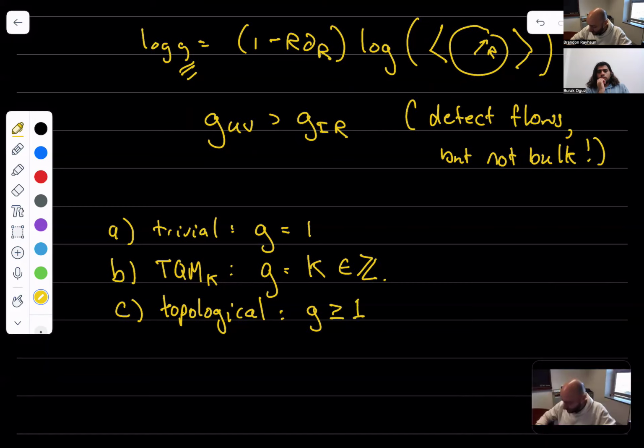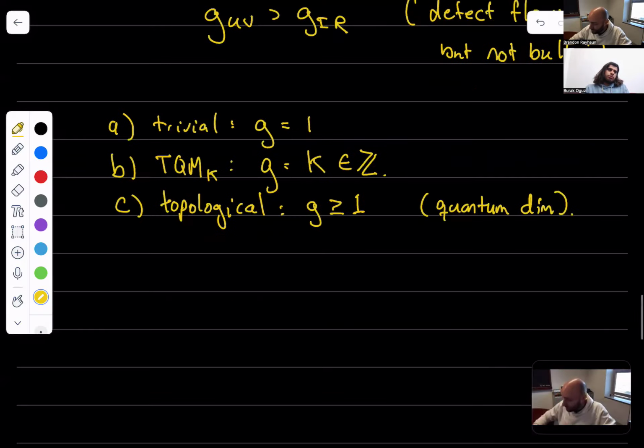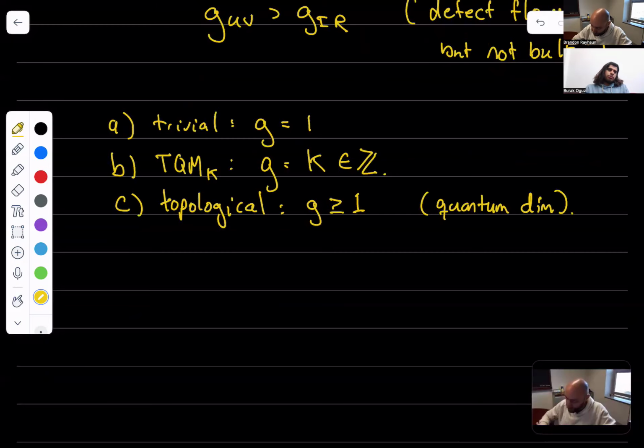However, it's a real number that must be greater than or equal to 1. And sometimes this is called the quantum dimension of the line defect, specifically when the line defect is topological. And for conformal defects, in principle, you can get any positive real number.